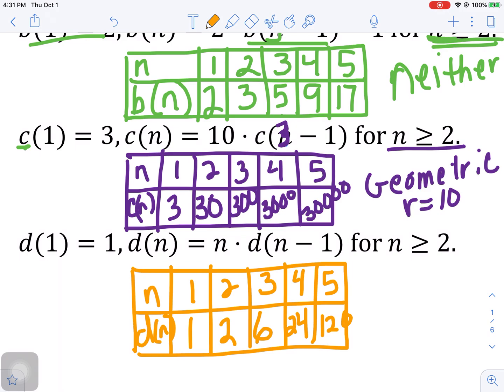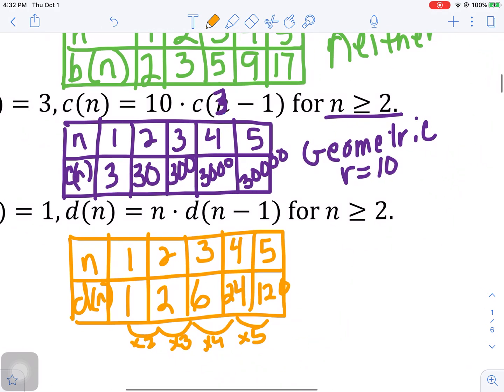So this one, since you multiply by 2 here, and then you multiply by 3, and then you multiply by 4, and then you multiply by 5, there's no common ratio, so this is a neither also.